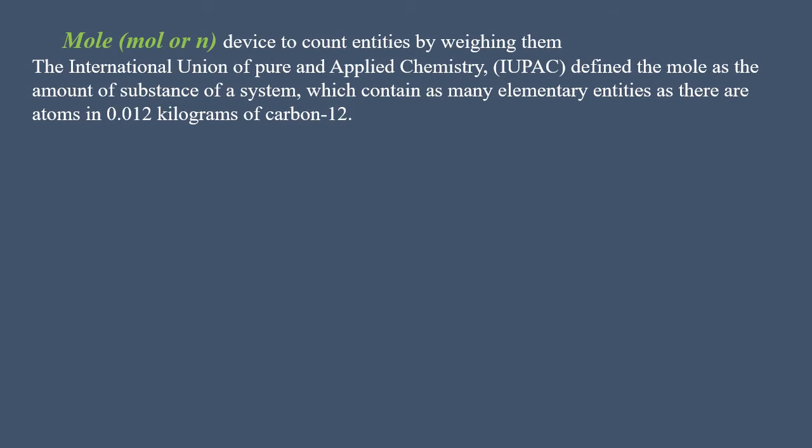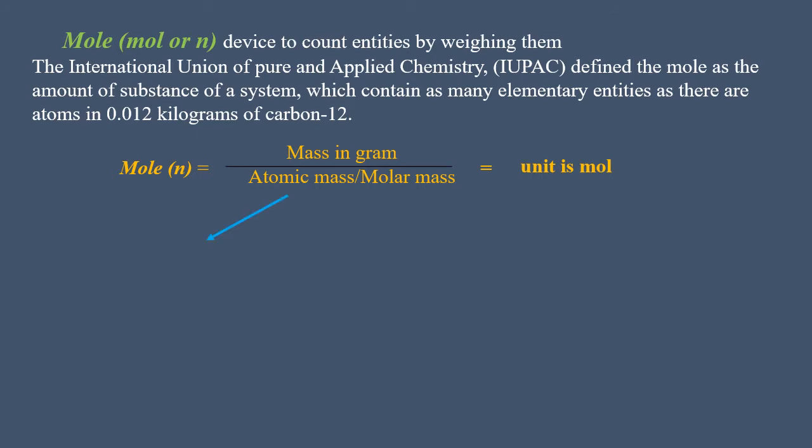To calculate the number of moles, we use the equation: mole is equal to mass in grams divided by atomic mass or molar mass, and the unit is mole. Atomic mass if we are referring to an element, and molar mass if we are referring to a compound.